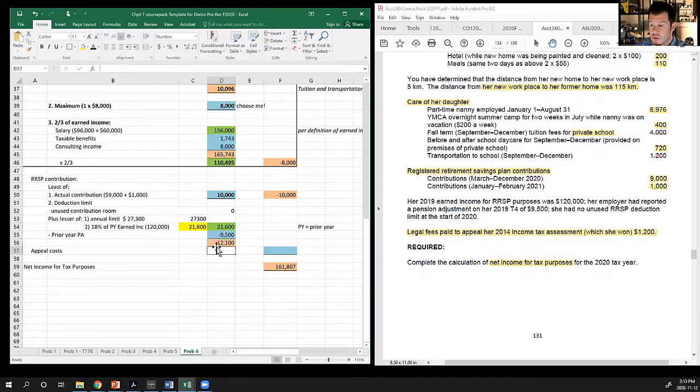This is the actual maximum that she could possibly take in a year. That's the amount of room she has, 12,100. So you can't deduct more than you've contributed. She's only contributed 10 grand. So her deduction for the year is going to be the amount that she contributed. It's not the maximum. She only contributed $10,000.